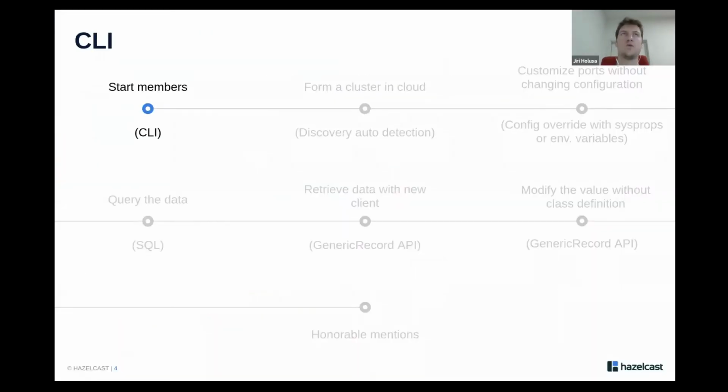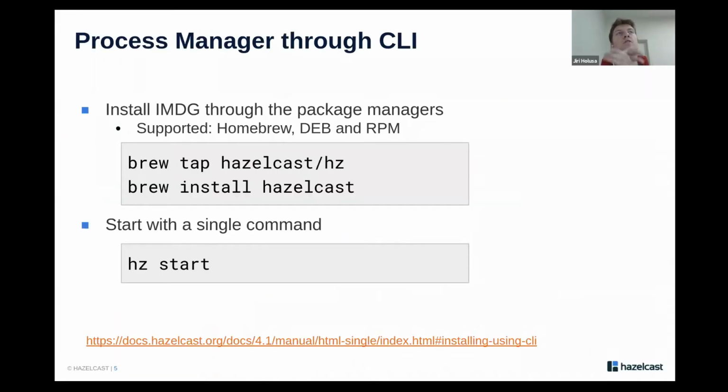As I mentioned, it's a command line tool, a process manager that is aliased as hz. As a part of that, we started to distribute Hazelcast IMDG through package managers, and we currently support Homebrew, Debian packages, and RPM packages.